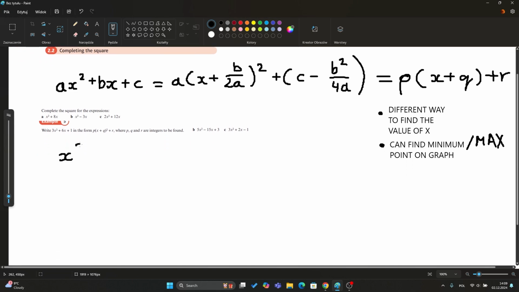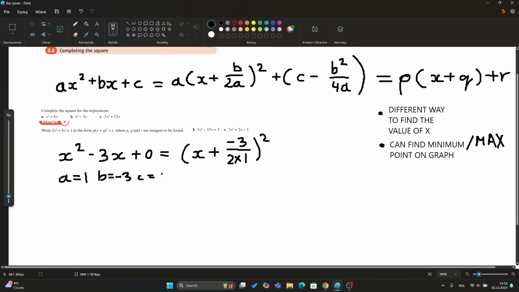So now we do x squared minus 3x plus 0, which is going to be 1 times x plus b, which is minus 3 over 2 times 1. We just plug in the coefficients, just like in a quadratic equation. So that is plus 0 minus b squared, which is minus 3 squared, over 4 times 1.